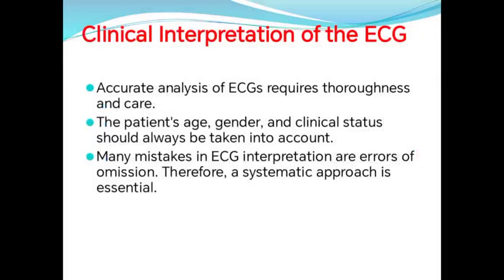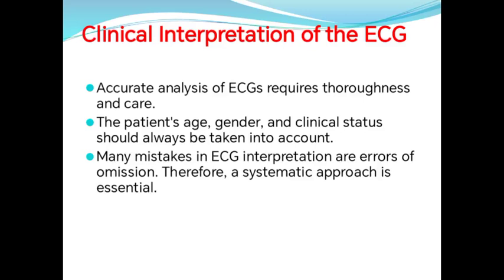So now we will come to the clinical interpretation of the ECG. Accurate analysis of the ECG requires thoroughness and care. One should be very careful and read the ECG thoroughly. The patient's age, gender and clinical status should always be taken into account.